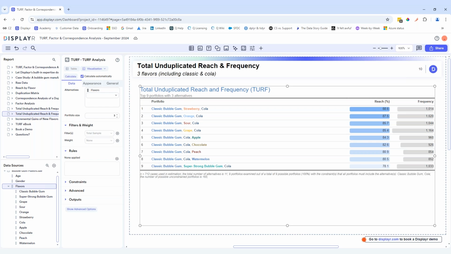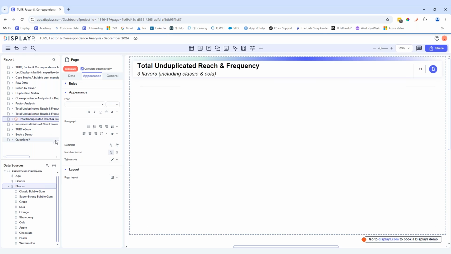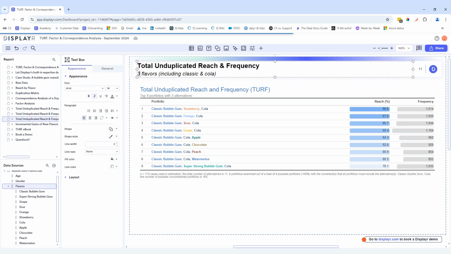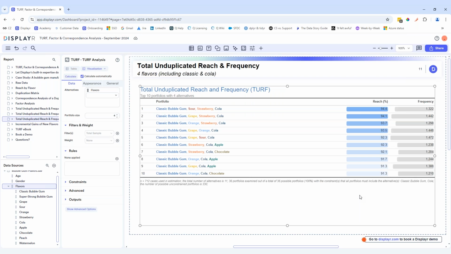If we add a 3rd flavor, we see here that we should add strawberry. With 4 flavors, we should add sour.